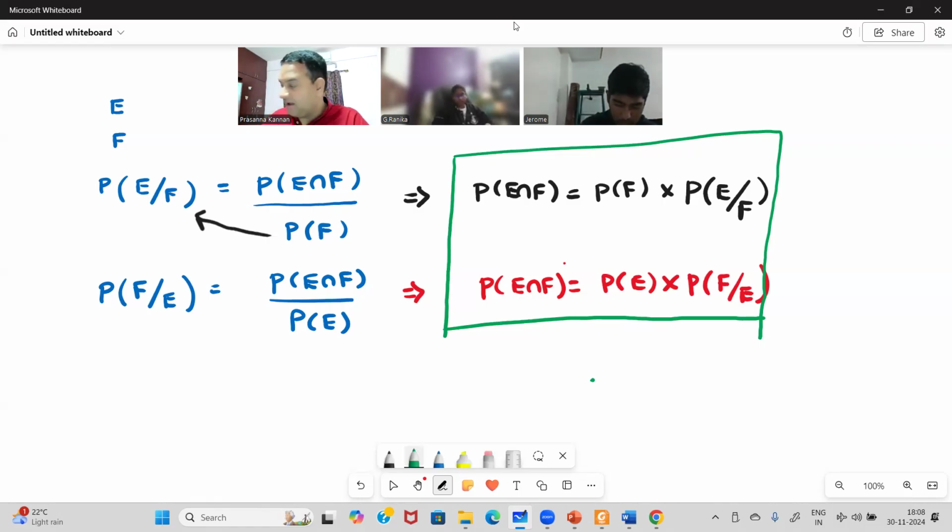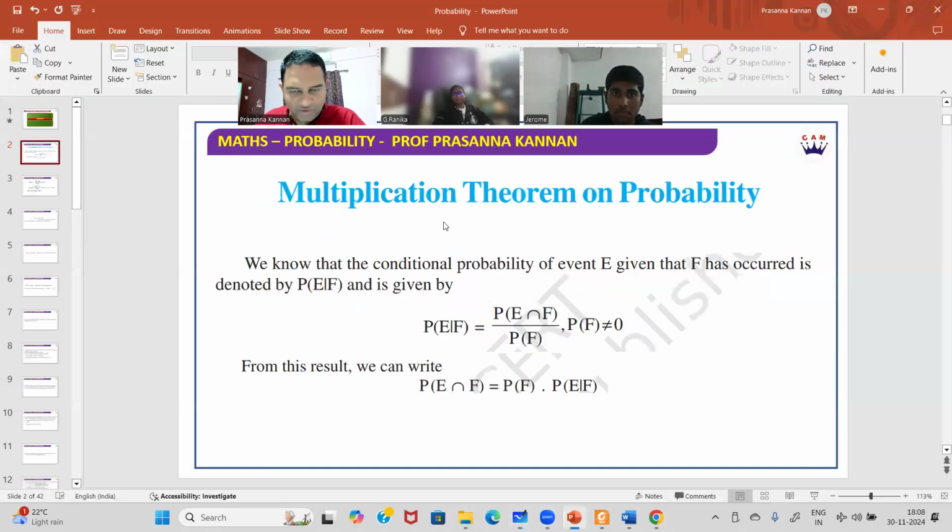If E happens first, it is P of E into P of F given that E has already happened. If F happens first, then it is P of F into P of E given that F has already happened. That is what is called the multiplication theorem in probability.